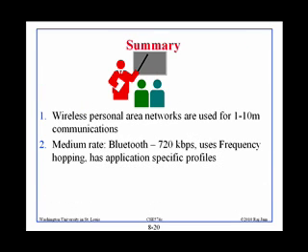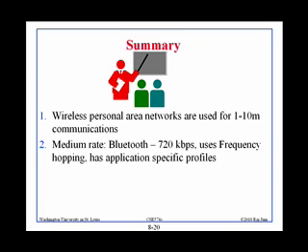That ends the Bluetooth chapter. The summary is that it is good for 1 to 10 meters, very low speed, and the data rate is 720 kilobits at the user level. 1 megabit is the nominal rate.